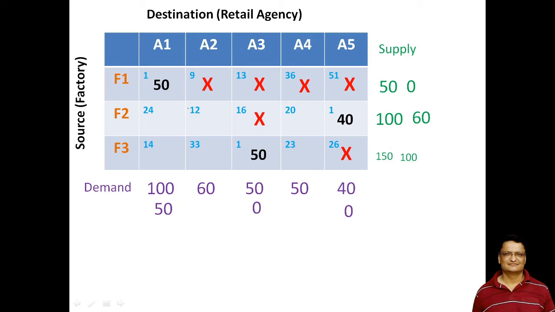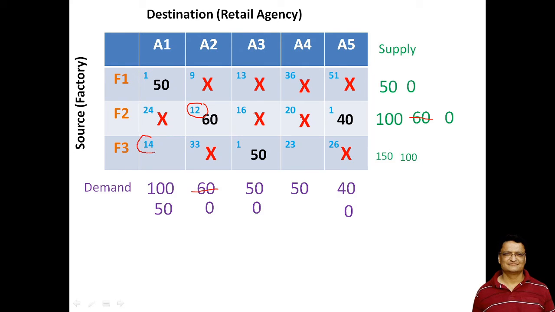Now again I find that this is the cell with the least cost, and I can allocate 60, so I will allocate 60 here. So this has now been exhausted and this has been exhausted, and they will become 0. At the same time I will not be able to allocate anything in these cells, so I have crossed them.